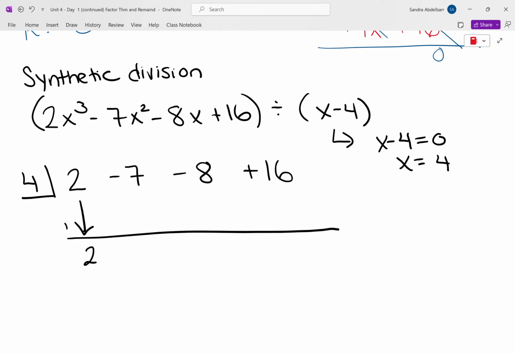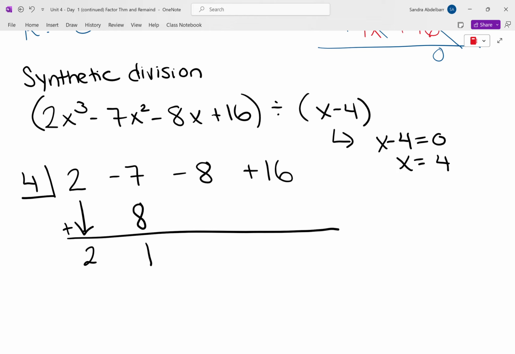You bring down that very first number, and now the number under the line you multiply with the number in the box. So 2 times 4 is 8. You write that underneath the next number, and then you add that column. Negative 7 plus 8 is 1.